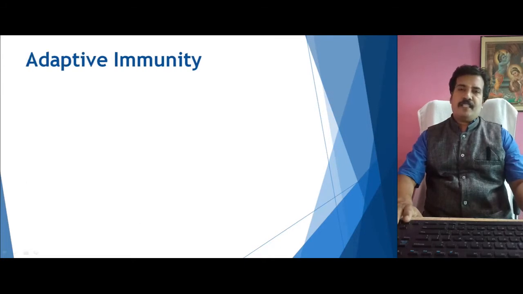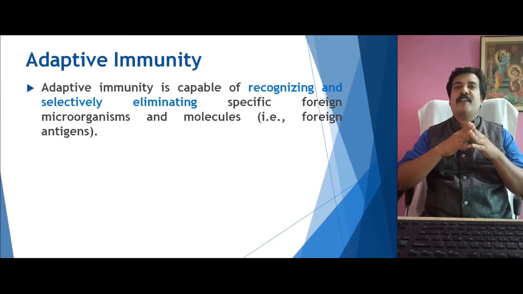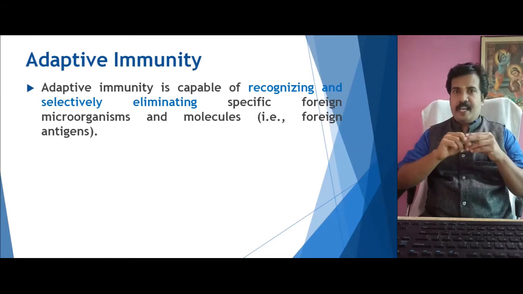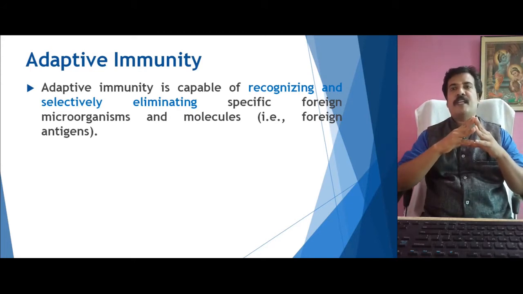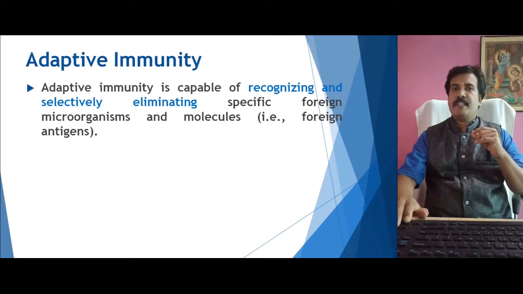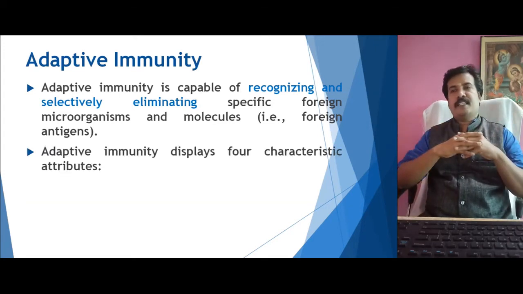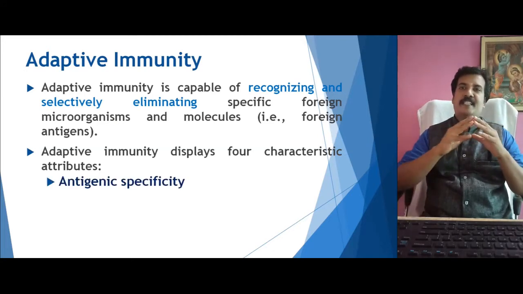If we consider adaptive immunity, I already told you it is the second line of defense mechanism, and it is highly specific in nature. This adaptive immunity will recognize and selectively eliminate individual foreign substances, whether they are microorganisms or chemical molecules. Even a small change in the sequence will be identified by the adaptive immunity. How the adaptive immunity works, it has certain key attributes. One is its high antigenic specificity.